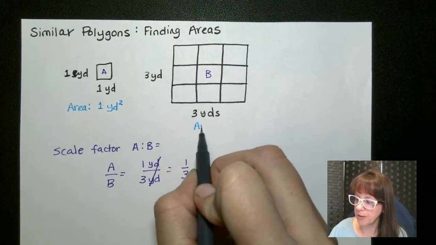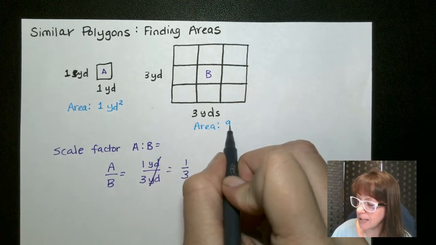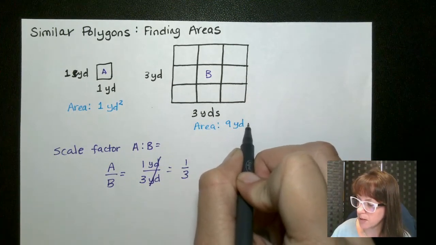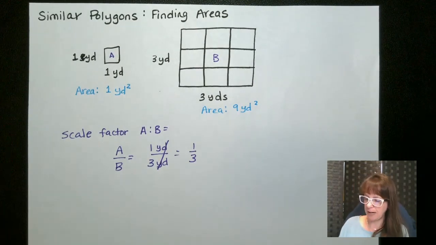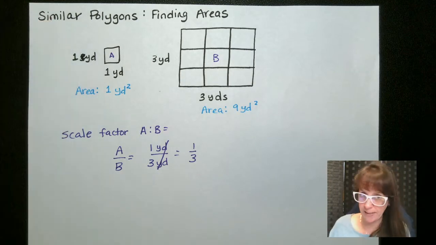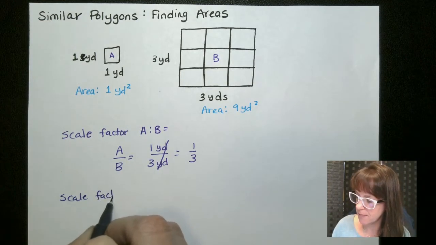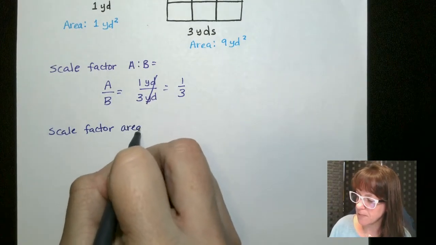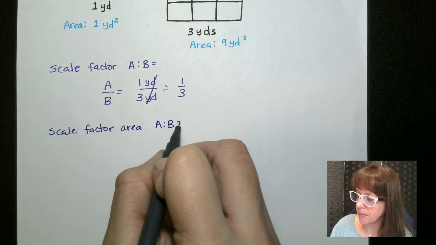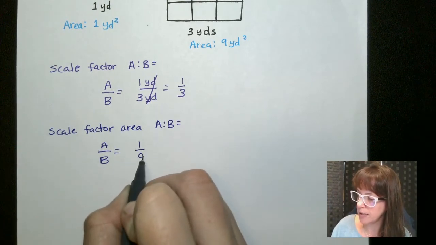The area for this guy is going to be 3 times 3, which is 9 yards squared. Good. So the scale factor for area for A to B is going to be 1 over 9.